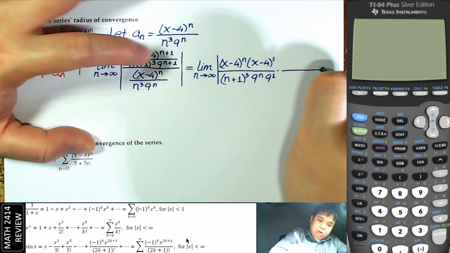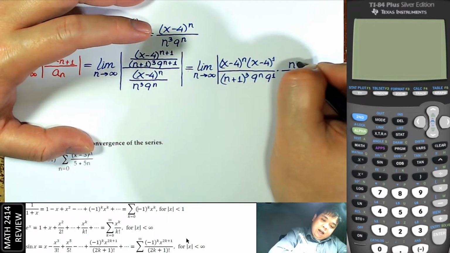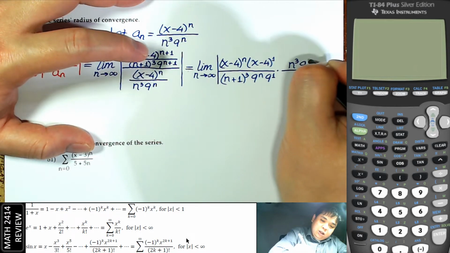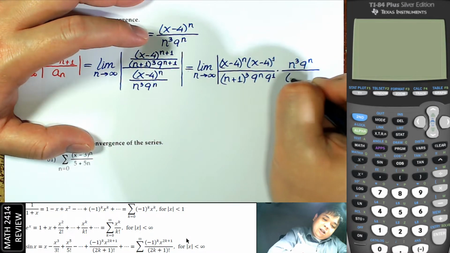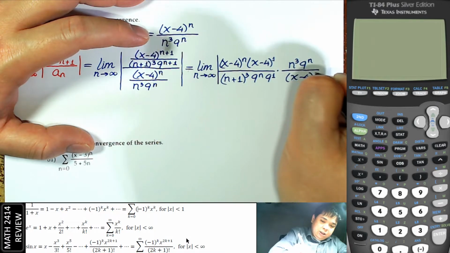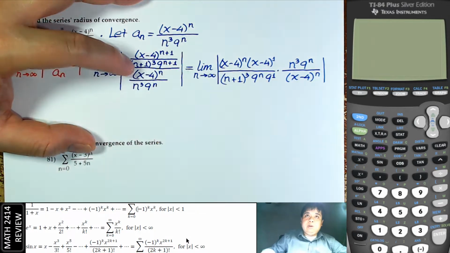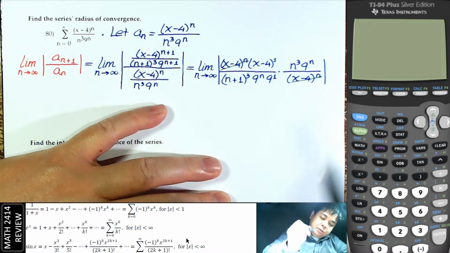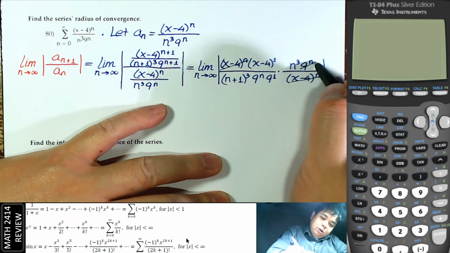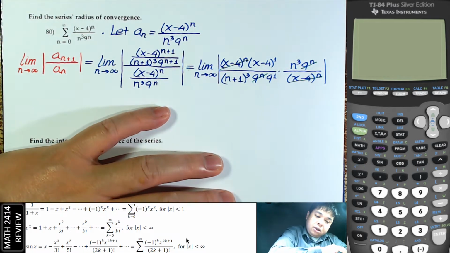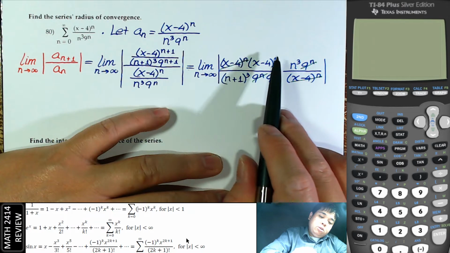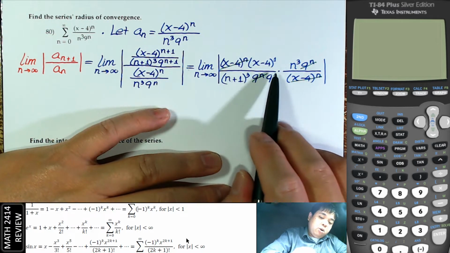Multiply by the reciprocal, I'm just going to flip this: n cubed, 9 to the n, x minus 4 to the n. We can cancel out the x minus 4 to the n and the 9 to the n. What's left is x minus 4 to the first, which is x minus 4, and 9.